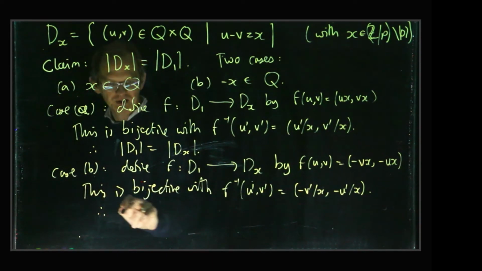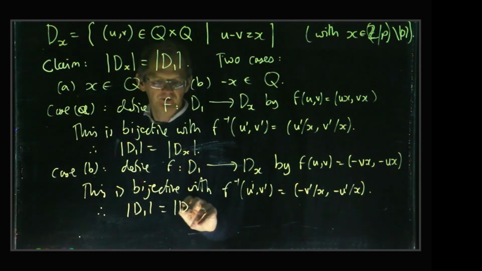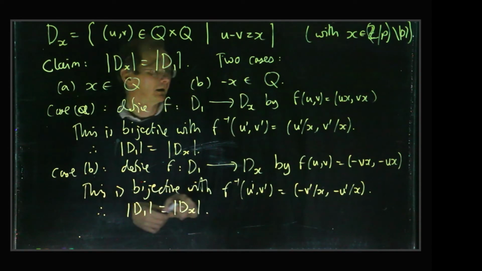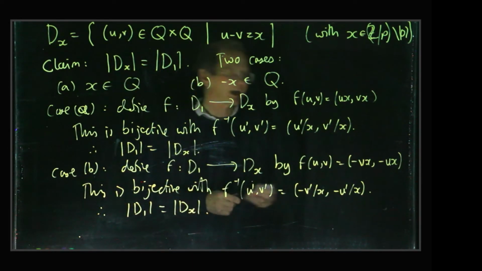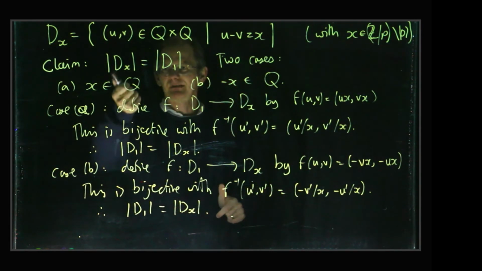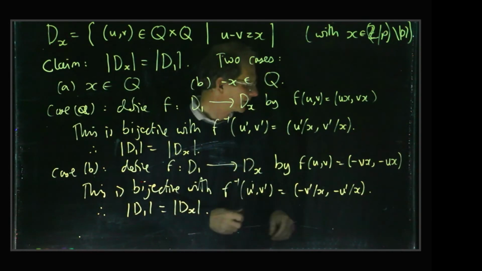Because we've got a bijection like that, again we see that the size of D1 is the size of Dx. So that proves this subsidiary claim that the size of Dx is equal to the size of D1 for all x. But we really wanted to prove that the size of Dx is actually equal to n, so we'll do that in just a second.